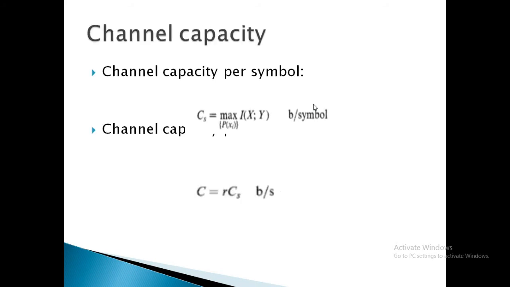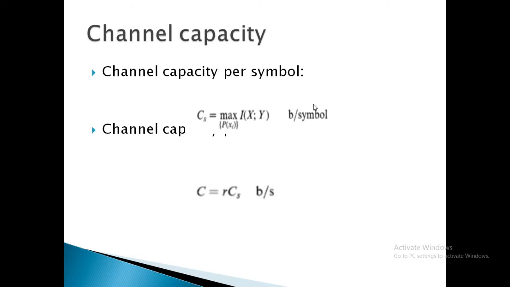Channel capacity. The channel capacity per symbol is defined as C of S is equal to the maximum over the probability of x of I of x comma y, where the maximum is over all possible input probability distributions of x. The channel capacity is a function only of the transition probabilities defined in the channel.